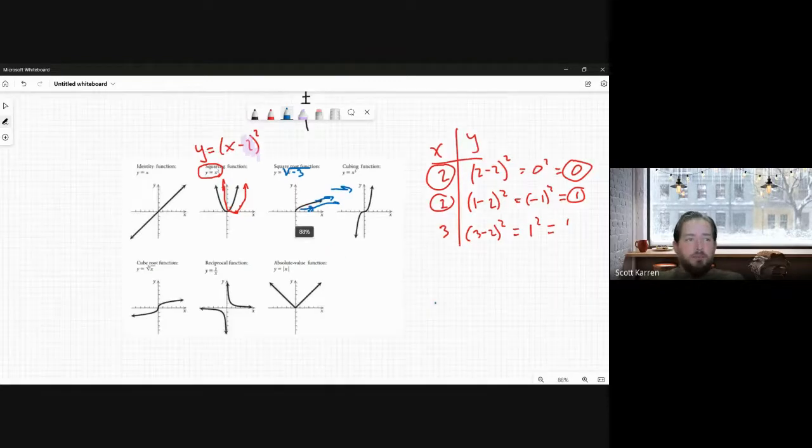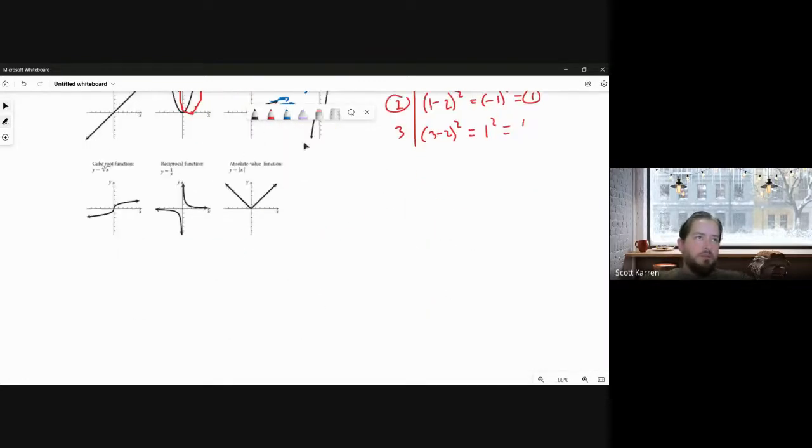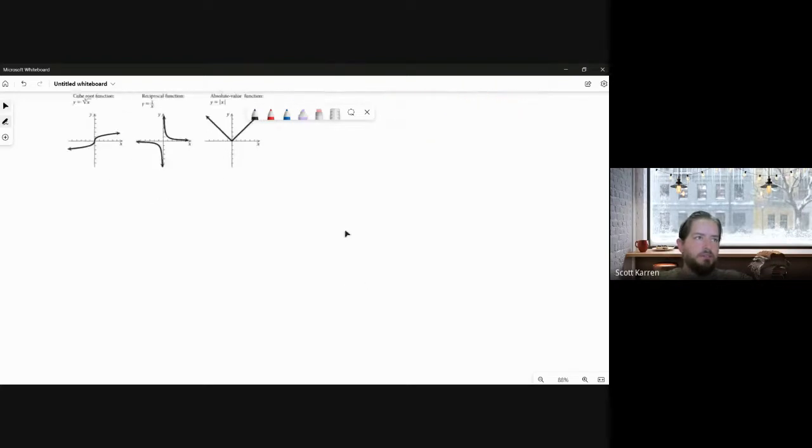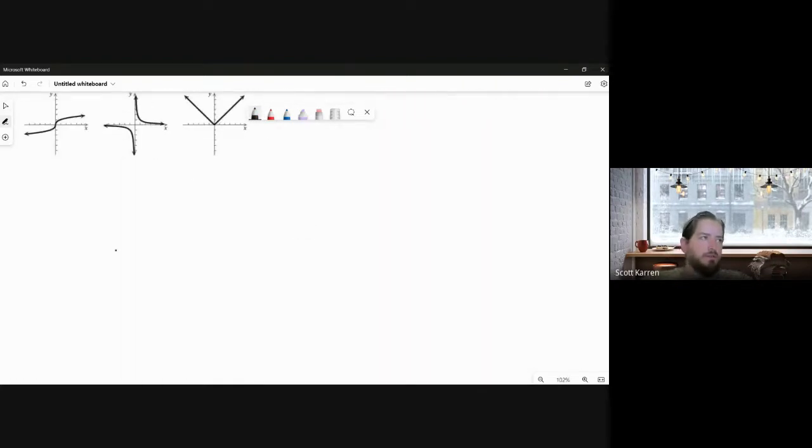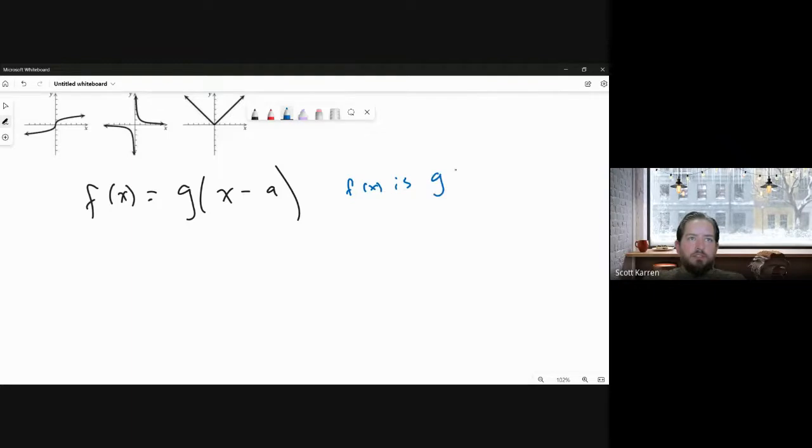And that's the second type of transformation that we'll talk about here, is that if I have some g of x, let's say f of x is g of x, but shifted by some a inside that parentheses, so it's not g of x, but it's g of x minus a, then this f of x is simply g of x shifted by a, right?